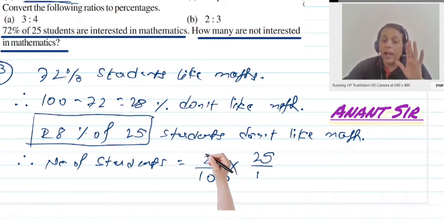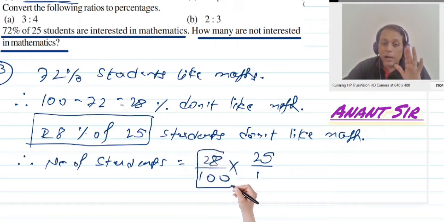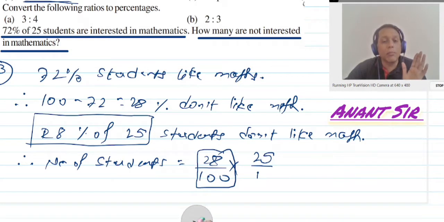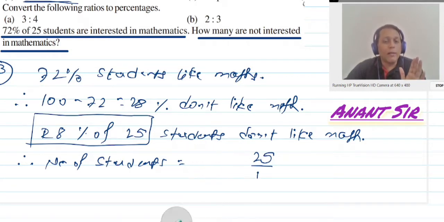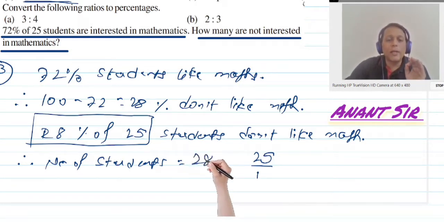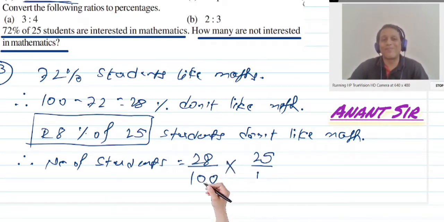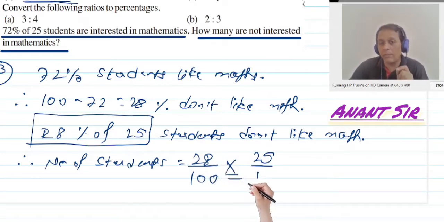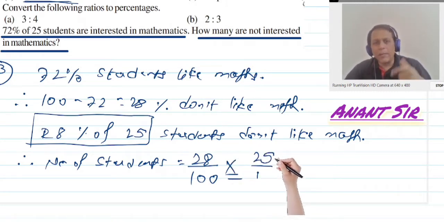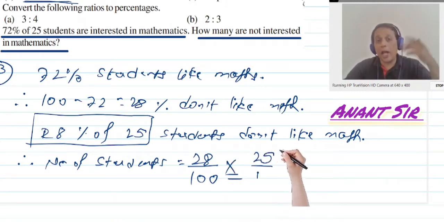See, I can divide 28 and 100 also by any same number. Okay, you can divide any term in the numerator or denominator by any same number when there is multiplication between. But it will be easier if we divide by 25, the largest number.